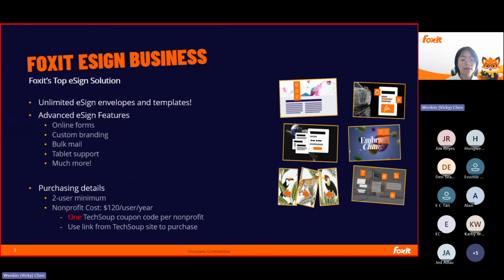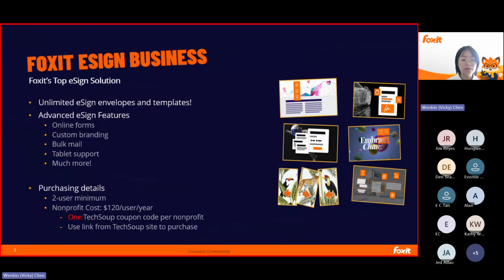All right, now let's look at the other side of things. It's Foxit eSign Business. It's a pure eSign solution, and it's built for NGOs that need high volume signing, such as payroll changes, volunteer confirmations, donation pledges, and anything else that requires a lot of signatures.